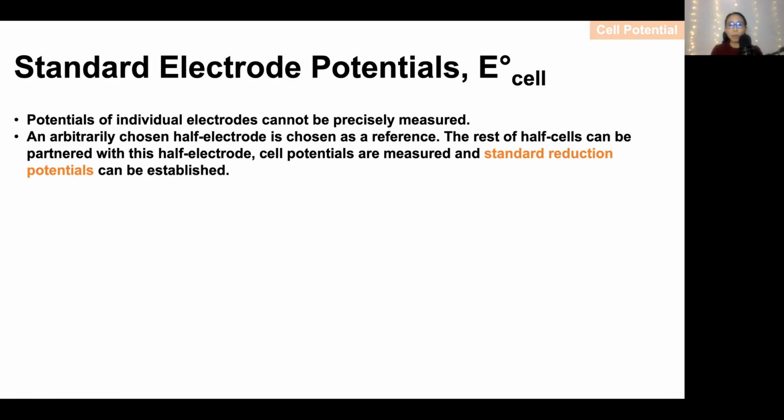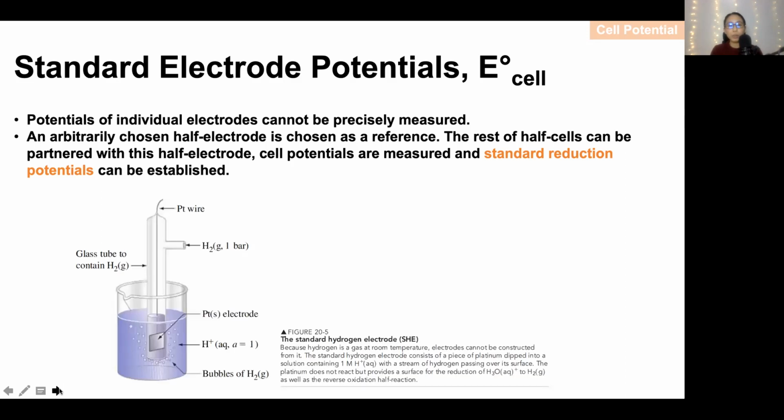Just like the concept of your standard enthalpy of formation, standard free energy of formation, we also have what we call the standard electrode potentials. For these values, they were obtained by choosing a reference half cell or a reference electrode.